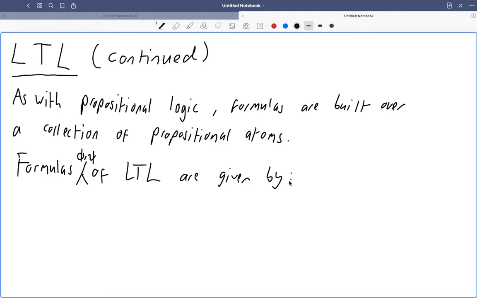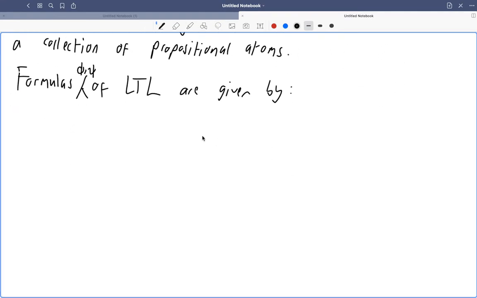Again I'm going to use phi and psi for formulas, and theta and so on. I'm going to write P for a propositional atom. So every propositional atom is a formula.